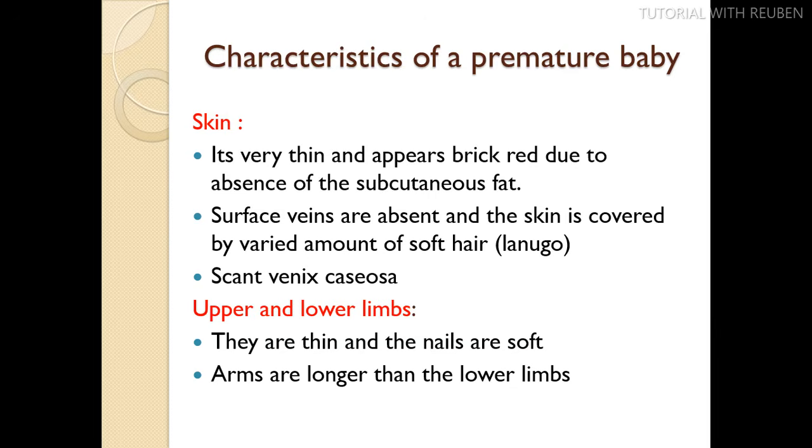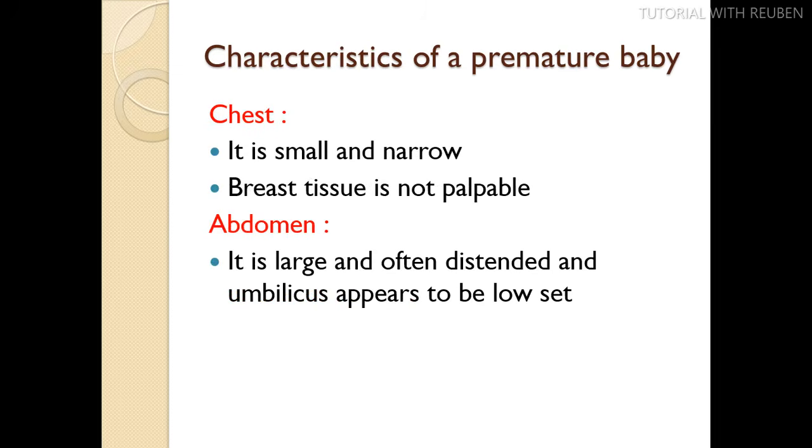Another characteristic that we can look at is when we examine the chest. When we examine the chest, you're going to notice that the chest is really small and narrow. Now, when you measure this chest, you're going to find that the chest circumference is less than 33 centimeters. And then on the chest, you're going to notice that there is absence of the breast tissue.